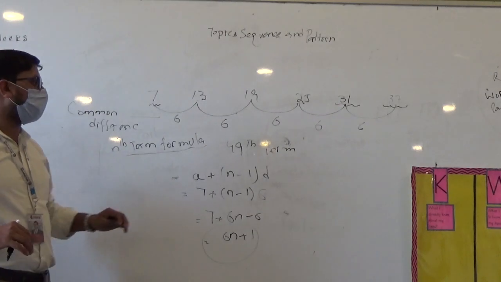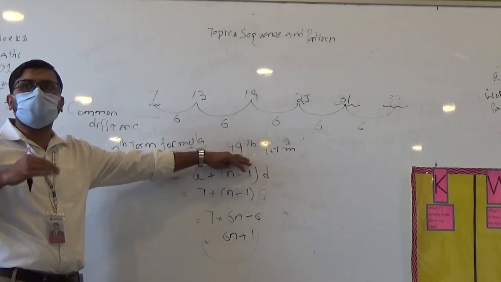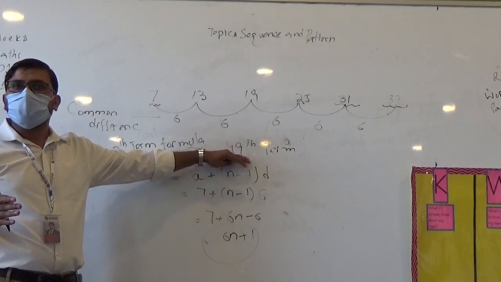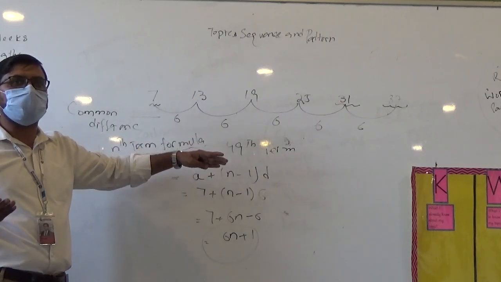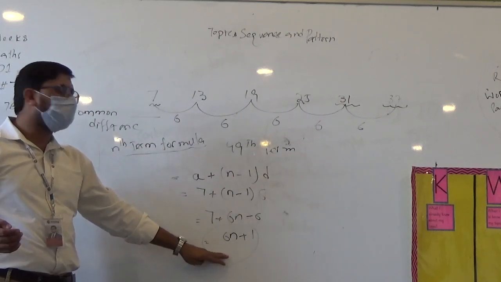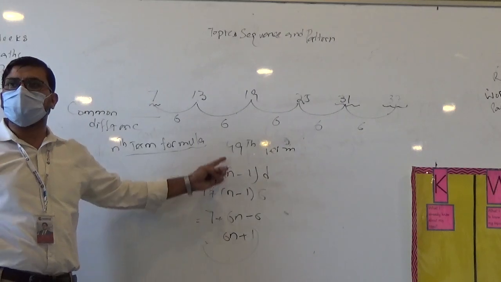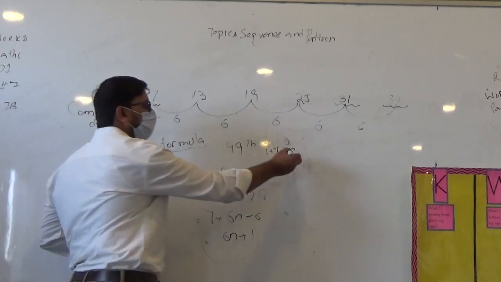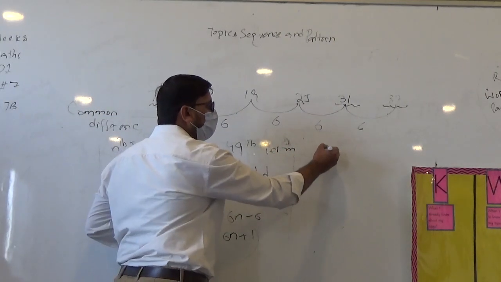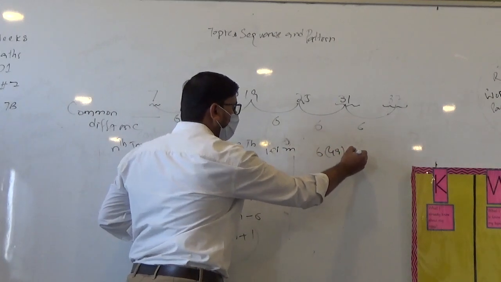Now if we are asked what your 49th term is, in this formula, in place of n, we just need to put the value of n, which is 49. Your 49th term is 6 into 49 plus 1.